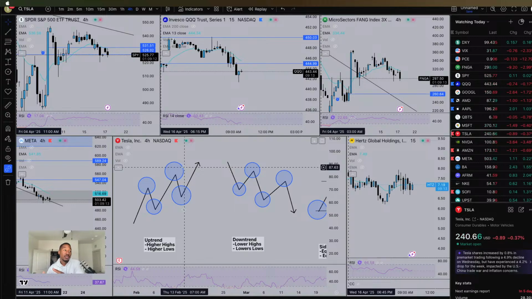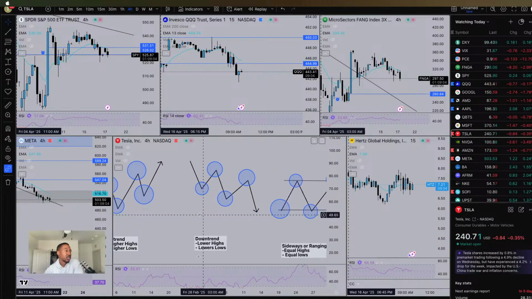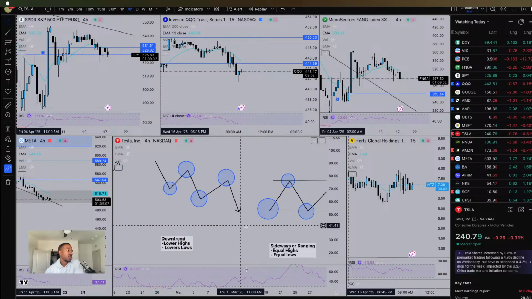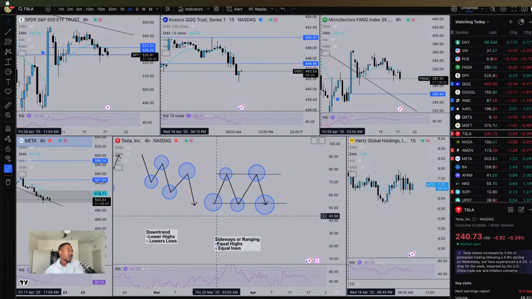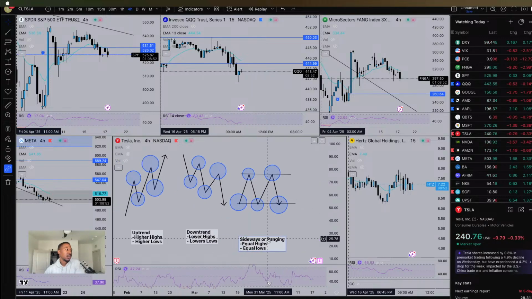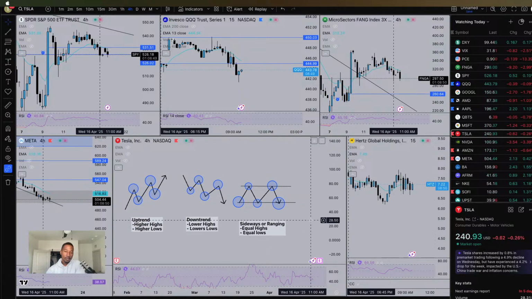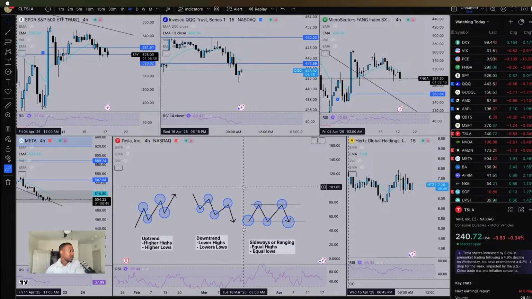When you're in a downtrend, it's better to trade puts, because those are going to win more often. And when you're sideways, just trade support and resistance. That's all it is. Sideways is easy money too, because the level has been holding. So keeping that in mind, those are the trends.